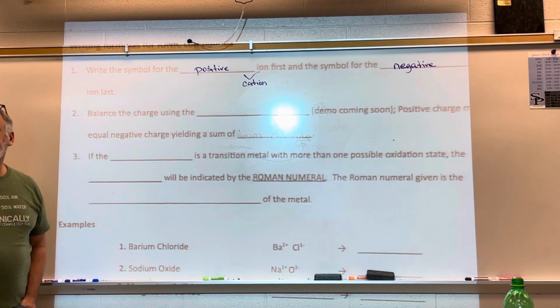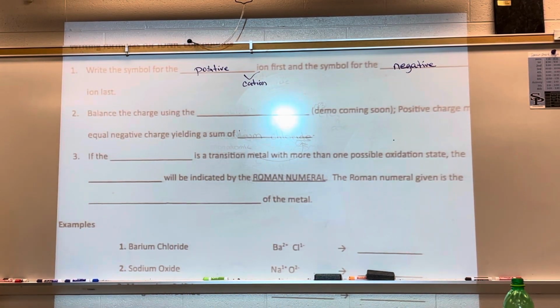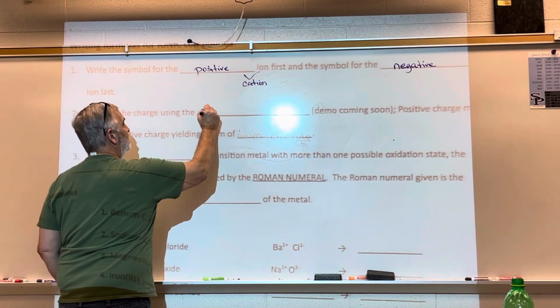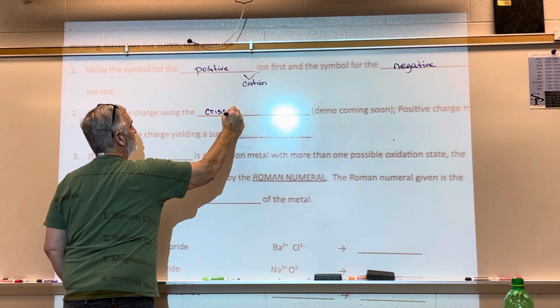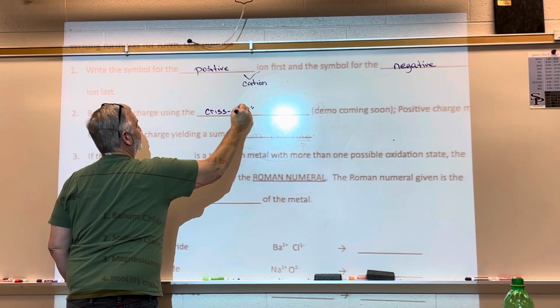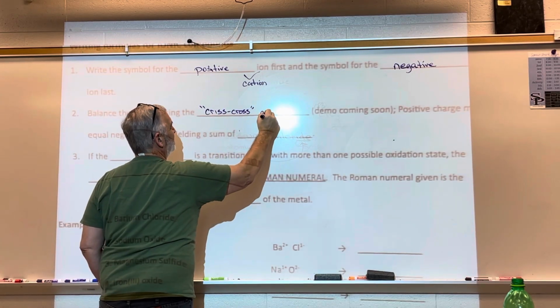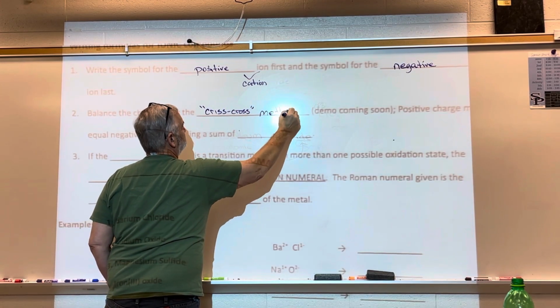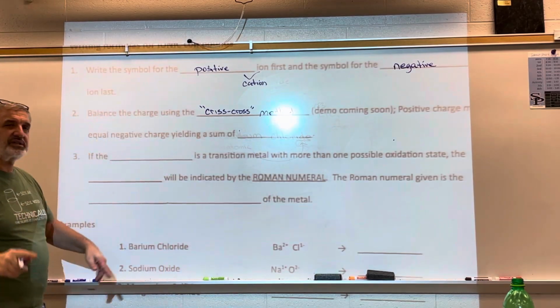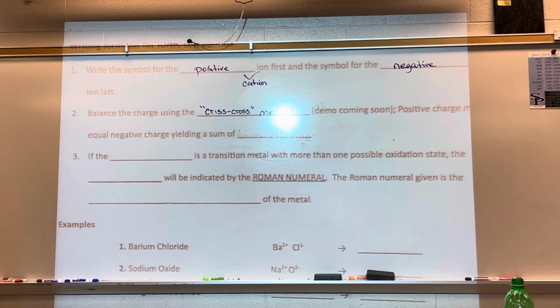Now, we're going to balance the charge using what we call the crisscross method. How do you find the lowest common multiple in math? 2 and 3, what's the lowest common multiple? How'd you get that?